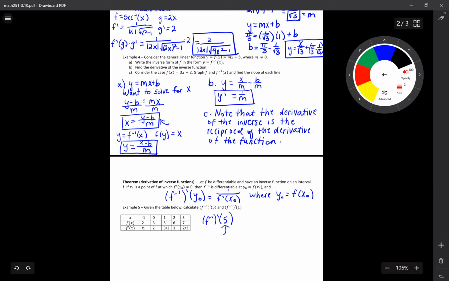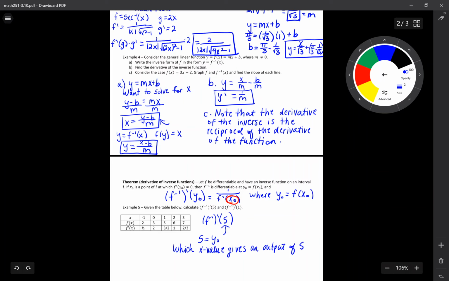I need to solve for this x value, x naught. So 5 is equal to y naught. Which x gives us an output of 5?